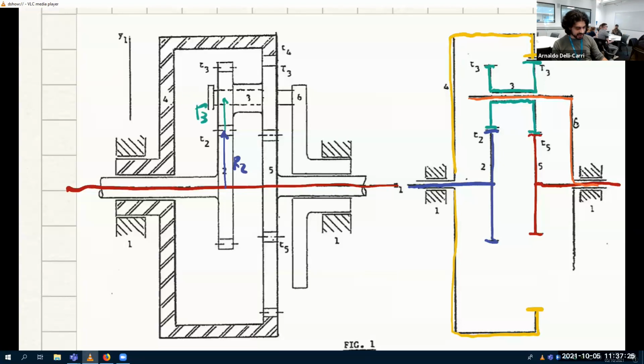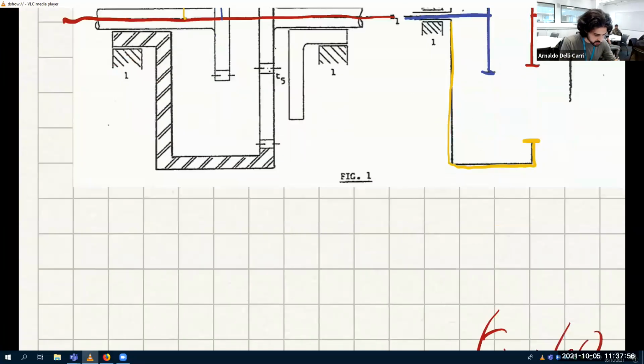If I add the larger radius, capital R3, I get onto the radius of 4. Do you agree with me that this is exactly the radius of 4? Yes. So I can write an equation that says R2 plus small r3 plus capital R3 equals R4. Agreed? That's my first equation.